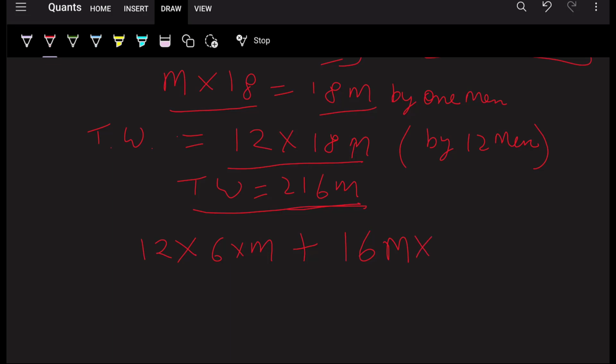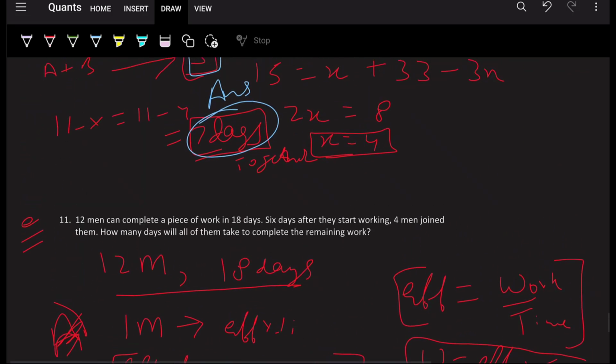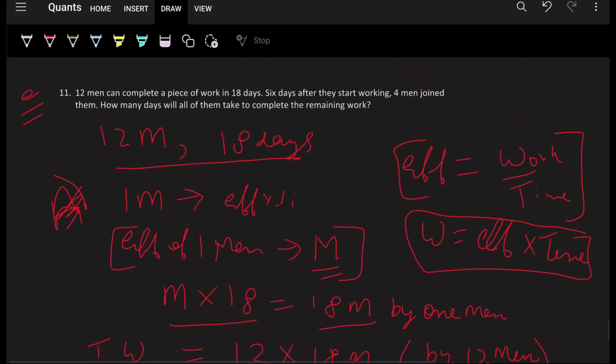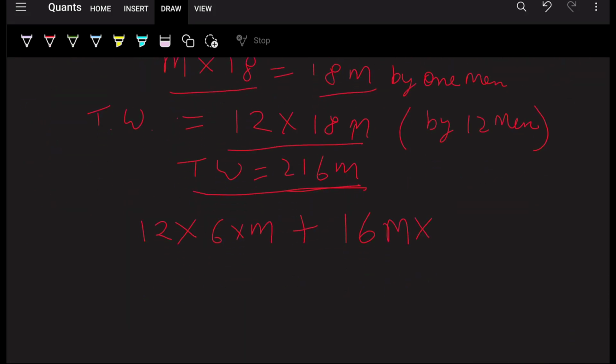Now for how many days do they work? We do not know. So let us assume x days. So 16mx is equal to 216 minus 72.